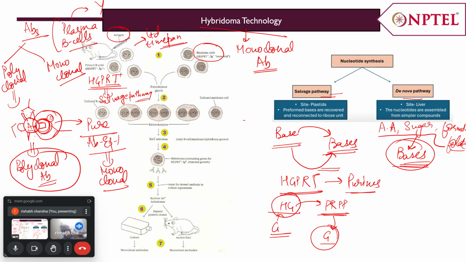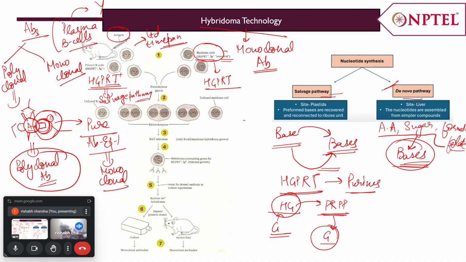These myeloma cells are HGPRT negative, so they do not produce HGPRT. That means they are solely dependent upon the de novo pathway for their nucleotide metabolism. Secondly, they do not produce immunoglobulin, so there is no antibody production in myeloma cells, and they are immortal.